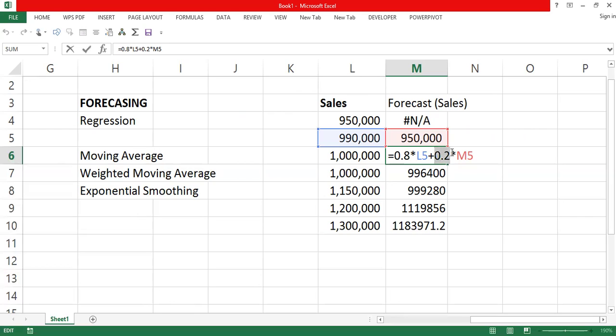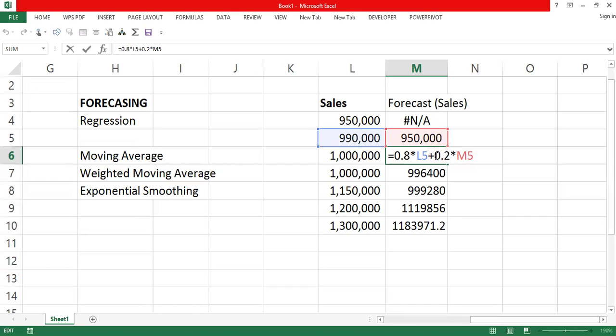So what it does is it applies 0.2 to the previous forecast for the previous period. Assuming this is month 1, month 2, month 3, month 4, in doing the forecast for the third month, it needs to use the second month actual and forecast. Since I chose 0.2 as my damping factor, it's just like a weighted average now.